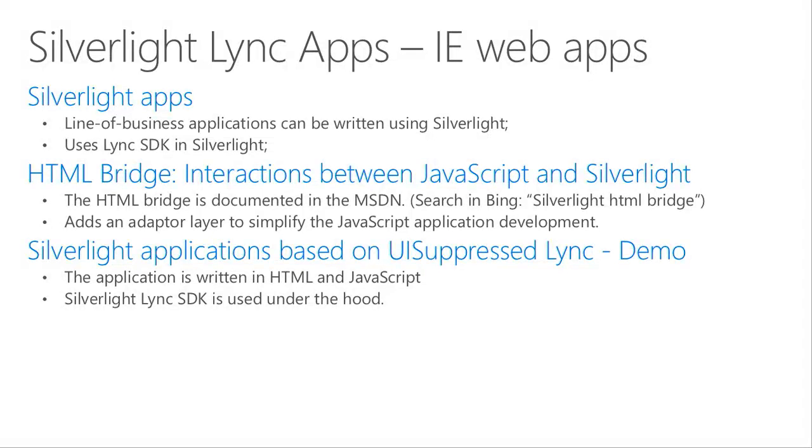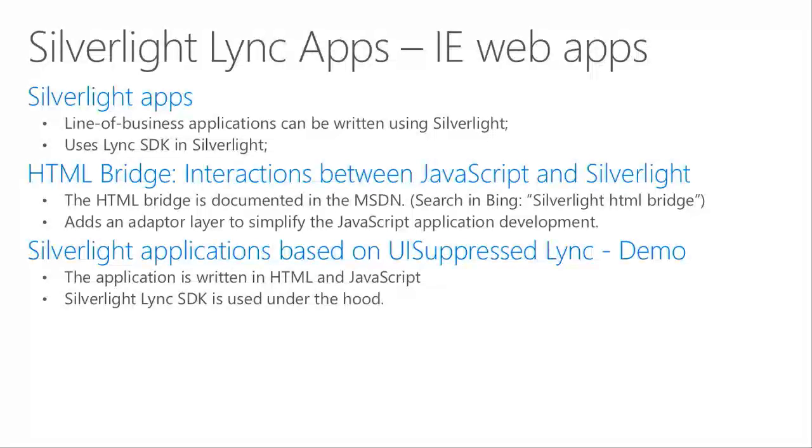This bridge is documented in MSDN. You can find information by simply searching Silverlight HTML bridge. In this demo, I also added another layer, which I called an adapter layer, as you guys have already heard about the J-Lync thing.